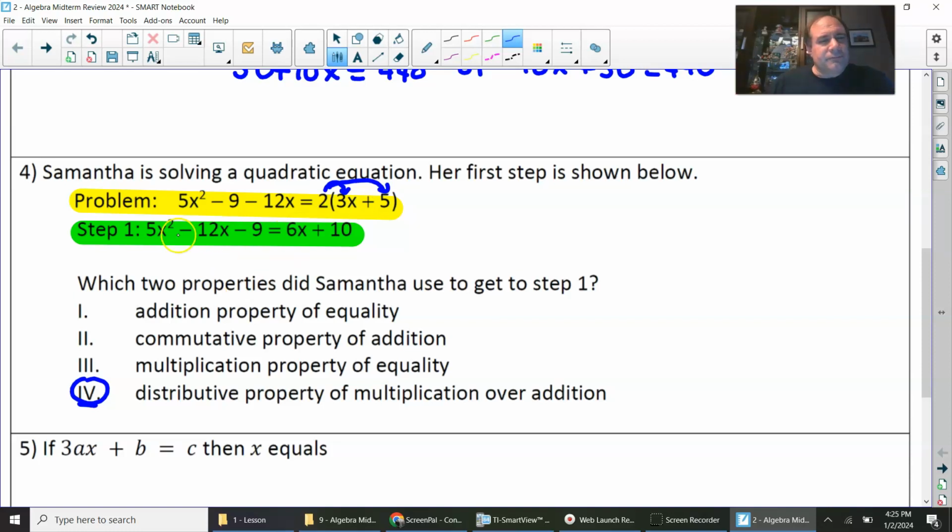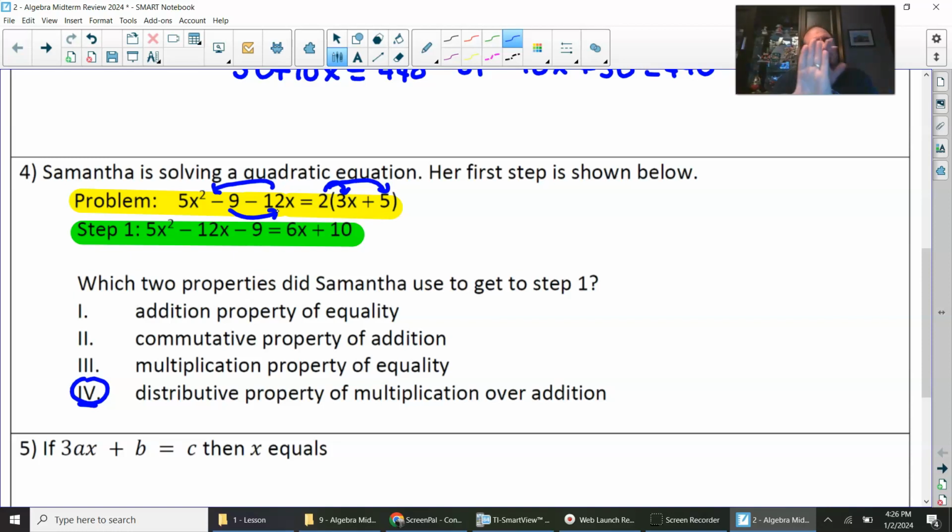Means that the distributive property is being performed over the addition sign. So then what happens though is that this negative 12x kind of goes over here, and this negative 9 goes in that direction. So we're just switching the negative 9 and the negative 12. It just switches, right? And the signs are going with it.